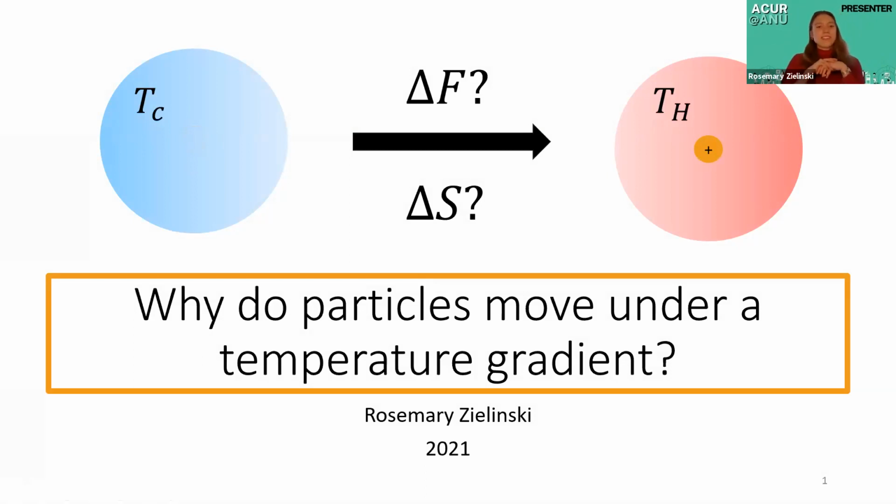Thermophoresis is the tendency for particles to move under a temperature gradient. It's a seldom-heard-of phenomenon, but more intriguingly, we don't actually know why it occurs. This forms the primary question that my research attempted to answer, namely, why do particles move under a temperature gradient?